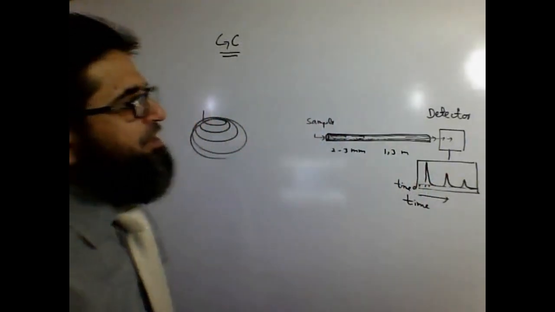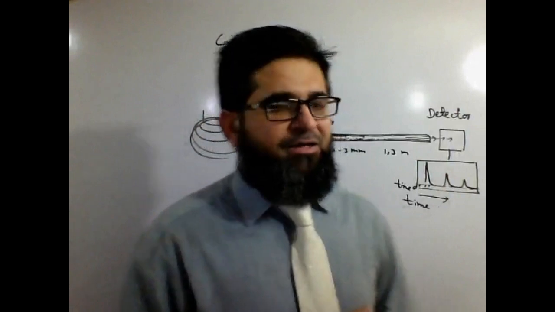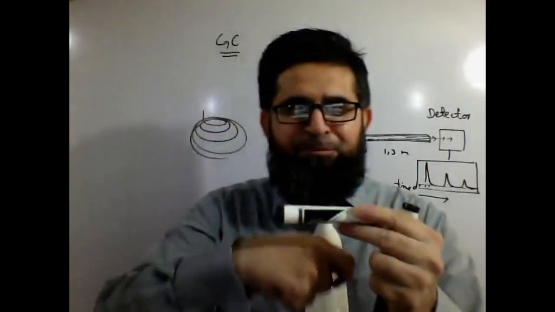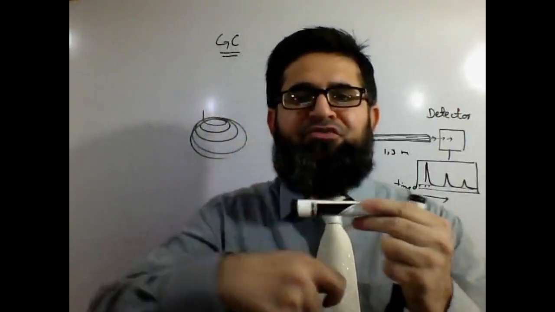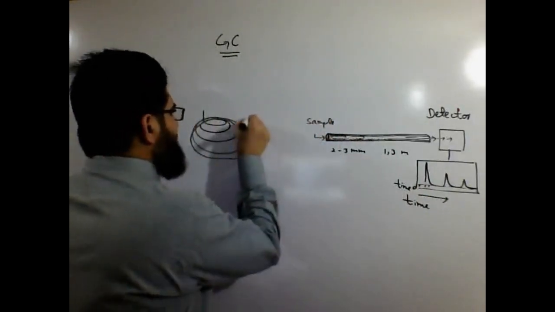In order to reduce the size of the machine and make it compact, the same column has been put into a circular form, put onto wheels, and placed into a cabinet.